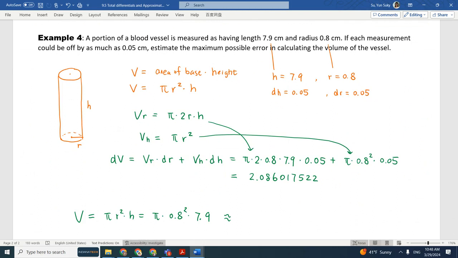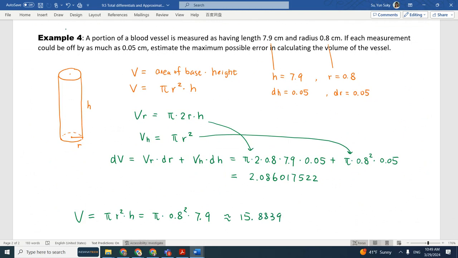Did you multiply by 7.9? Oh, 0.8, not 0.0. So what do you get? 15.8 with 4 decimal places. Thank you.